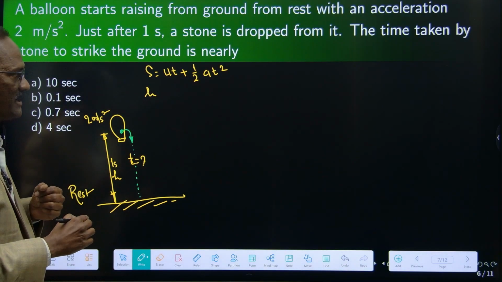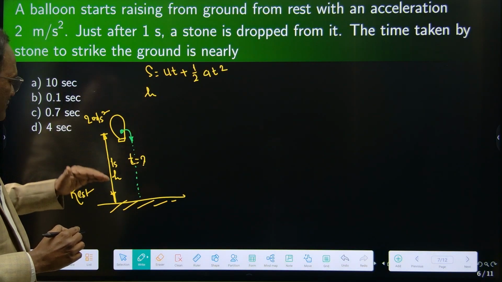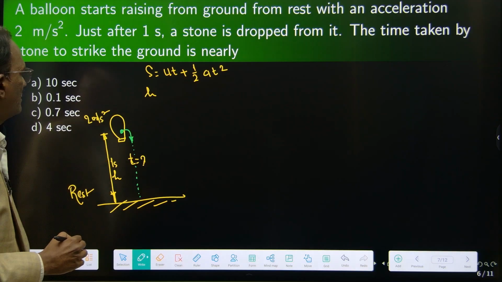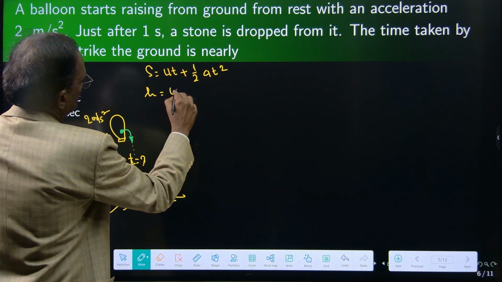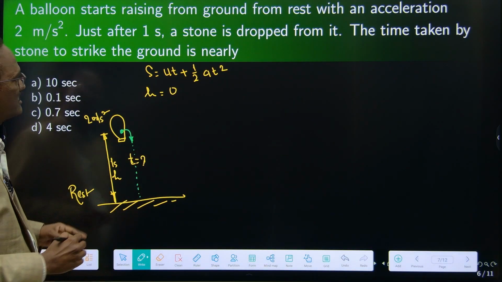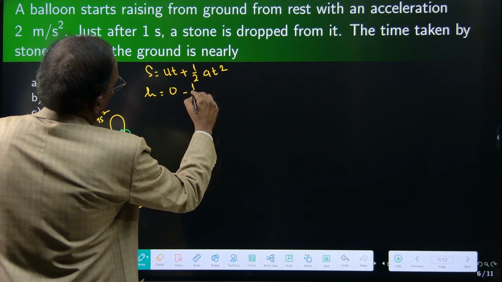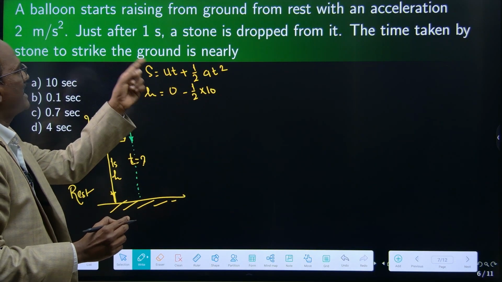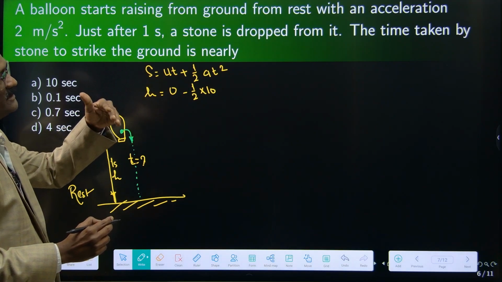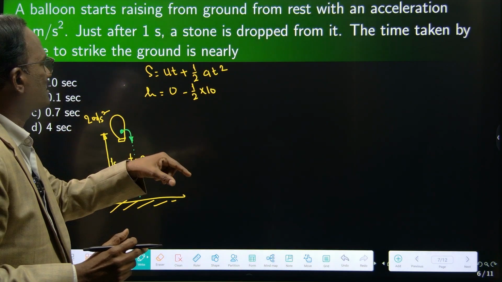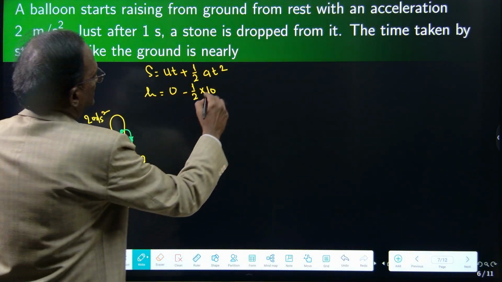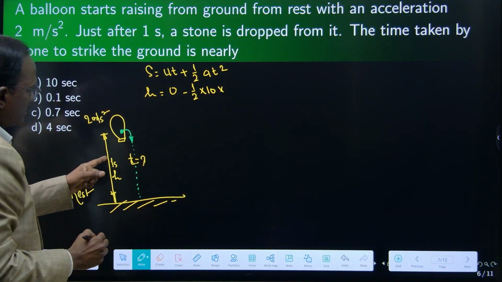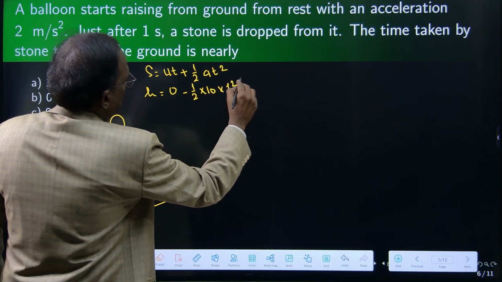Instead of S, I am writing h, with plus because this is upward motion. u is 0, from rest, the balloon is rising up. Then minus half into 10, a is minus g, and g is 10 if not given, into t, which is 1 second, so 1 squared.